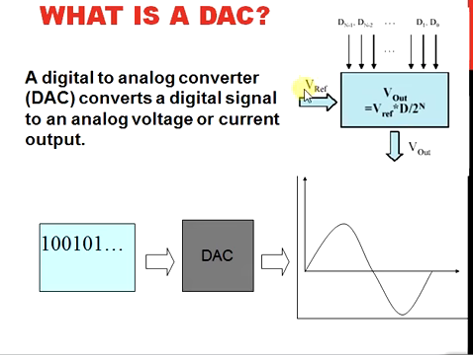For this, we need to give some reference voltage. The output voltage is produced using the weighted average, that is, by the divide-by-2 method. So this is what is meant by a digital to analog converter.